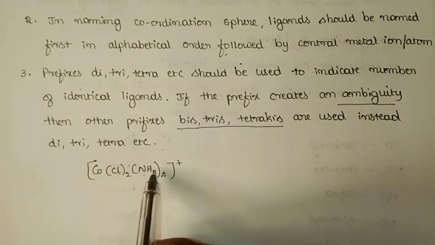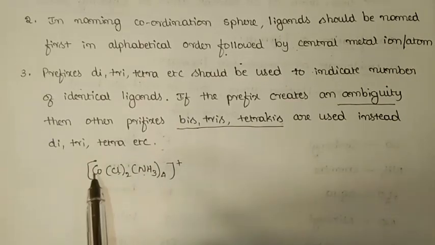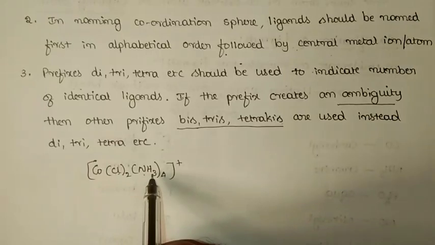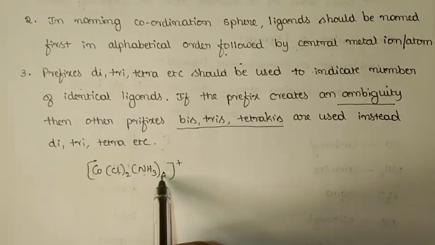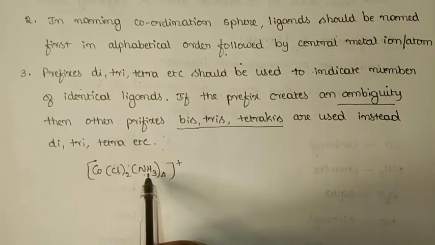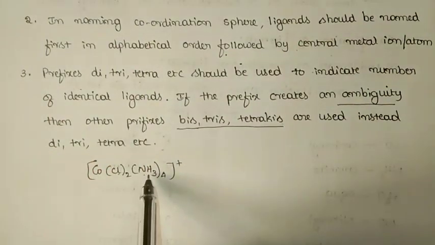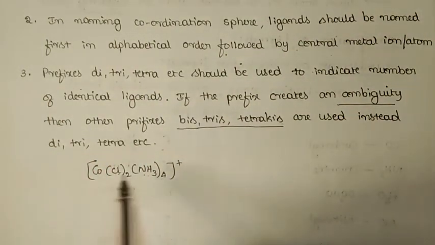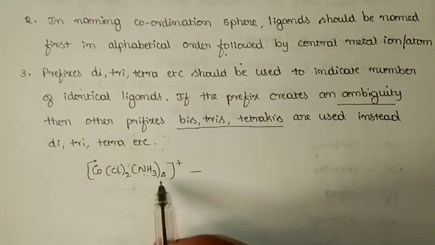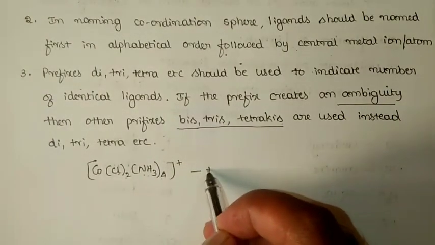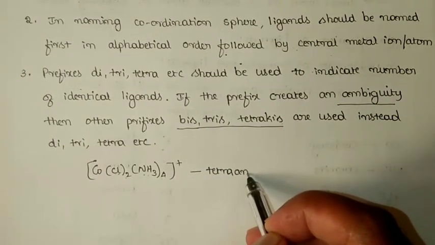So whatever way we can write the position of the ligands while writing the formula, but while giving the name, we are supposed to say the names of the ligands in alphabetical order, and we have to indicate the number of identical type of ligands present by using the prefixes. So here we have ammine in 4 number, chloro in 2 number. So we should say the name like, there are 4 number, so tetra, and the name of the ligand is ammine.